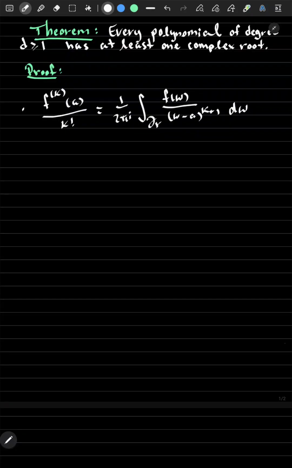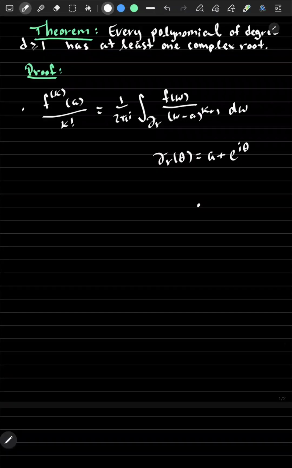Now, this gamma r here is simply the curve that follows a circumference in the complex plane. So this is equal to a plus r e to the i theta.